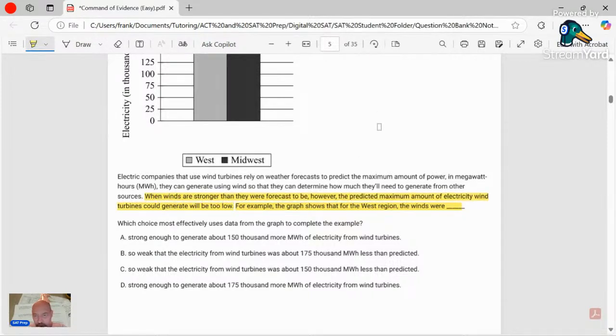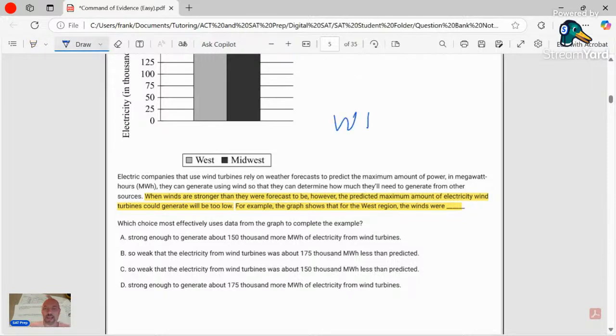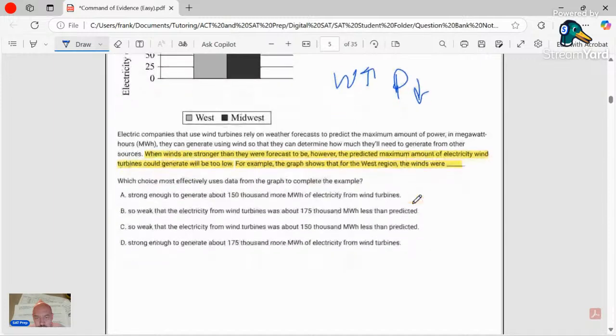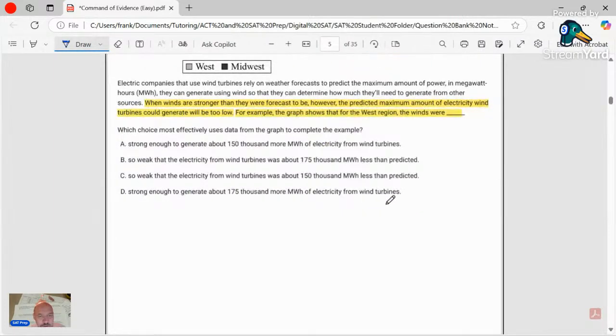So when they were higher than predicted, so winds high, I'll write this down. Winds high, power was lower than predicted. All right, let's see. Strong enough to generate about 150,000 more from wind turbines. Well, that's more. So weak that the offshore wind was about 107,000 less. So weak, strong enough to generate 107,000 more of electricity from wind turbines.